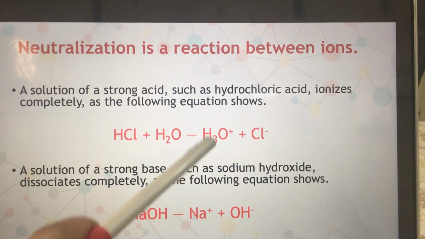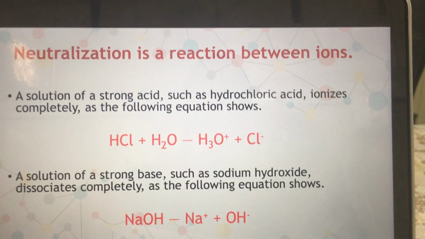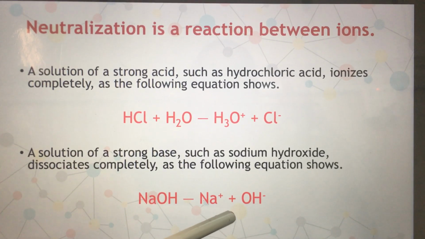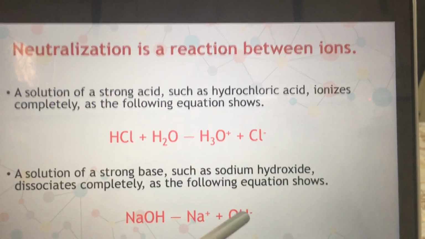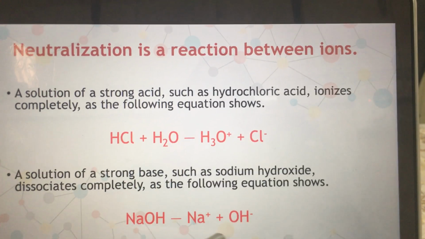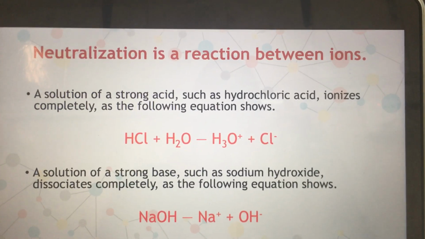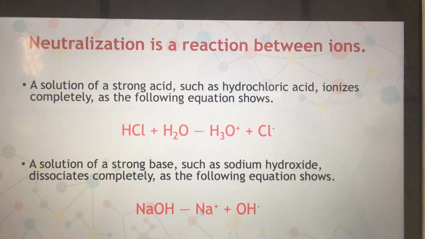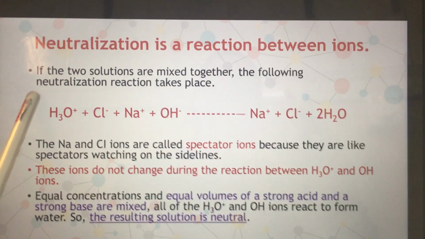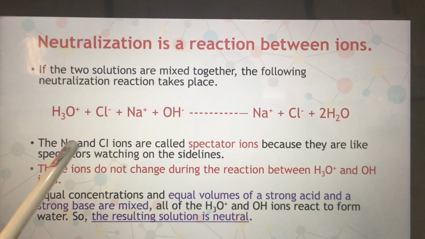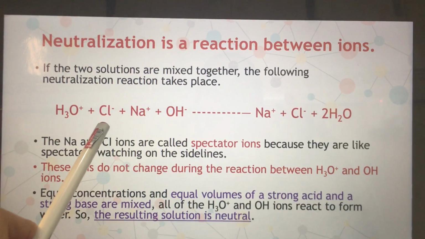What happens when we mix the two solutions together? Can you think with me? When we mix this with this, when we mix the two solutions together, as we said, a neutralization reaction takes place. Check here. This is the solution of a strong acid, hydronium ions and negative chloride ions.